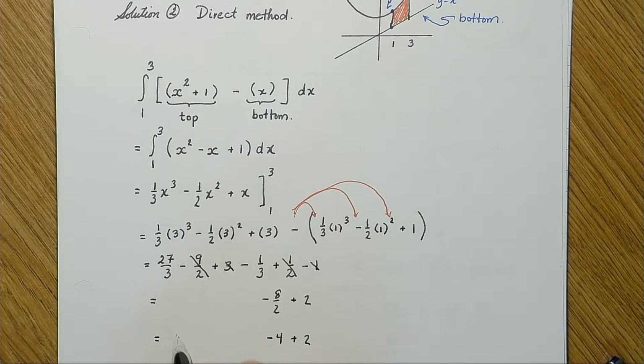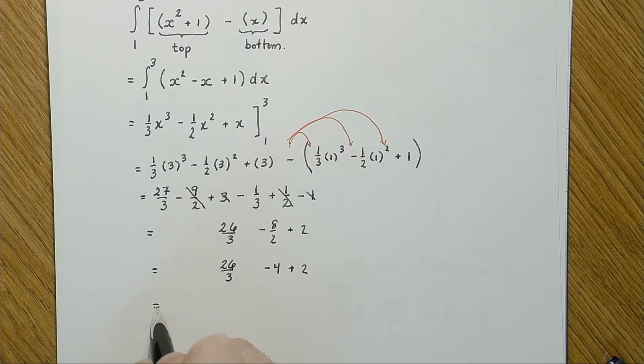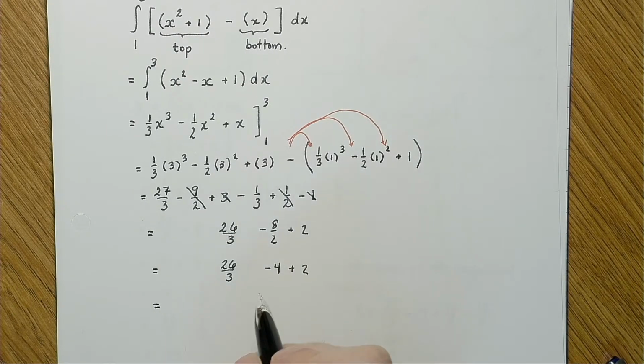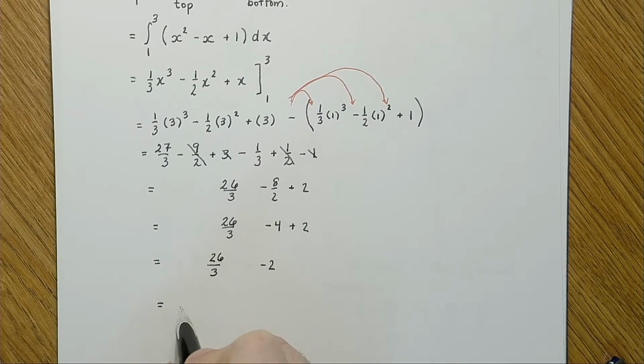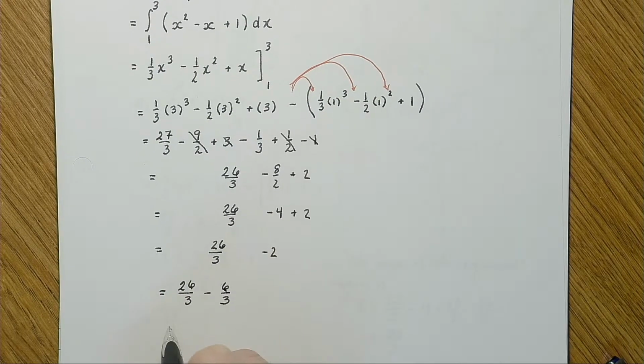Then 27/3 minus 1/3 gives me 26/3. Minus 4 plus 2 is minus 2. So I'm left with 20 over 3.